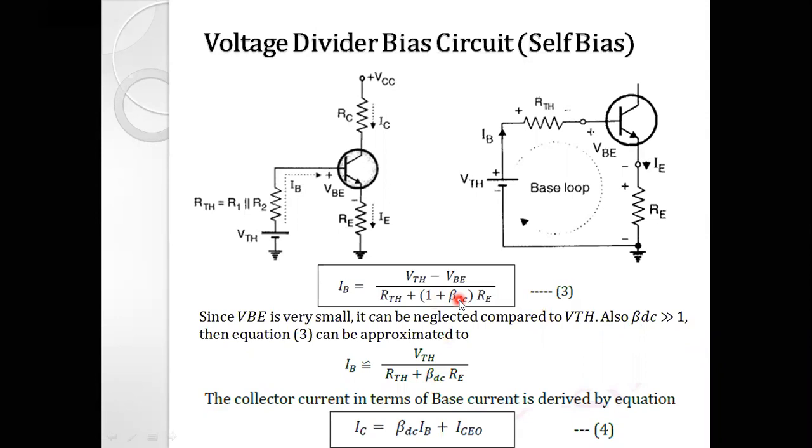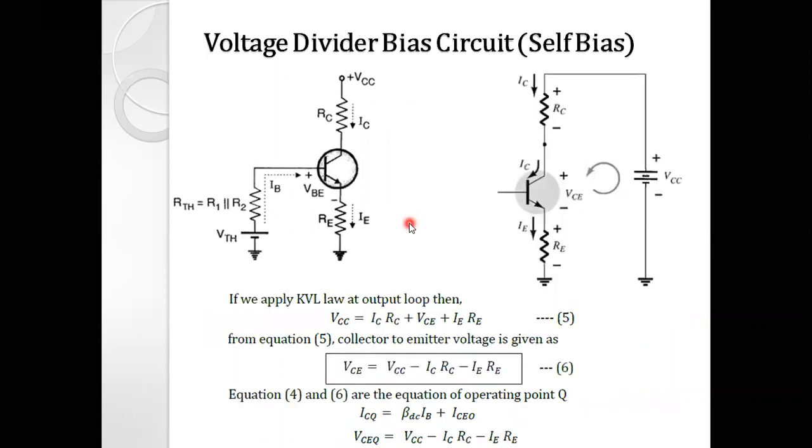So instead of writing 1 plus beta DC, it is better to write only beta DC sometimes for simplification. And because of that, IB is approximated to VTH divided by RTH plus beta DC into RE. So here the approximation is relevant to this 1 plus beta DC term.